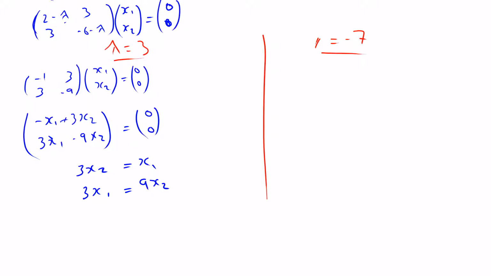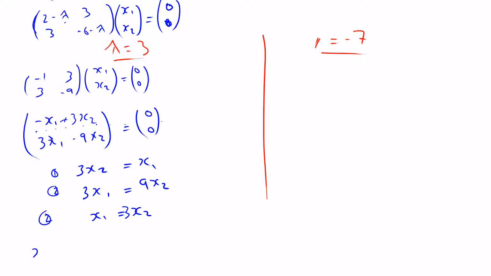This is just the top row; imagine we put an imaginary line in here. That's two different equations, and we can solve these simultaneously. If we take the second and take out the factor of 3, we get x1 equals 3x2. But that is the same as the first equation. So that means we don't know what x1 and x2 are going to be explicitly.